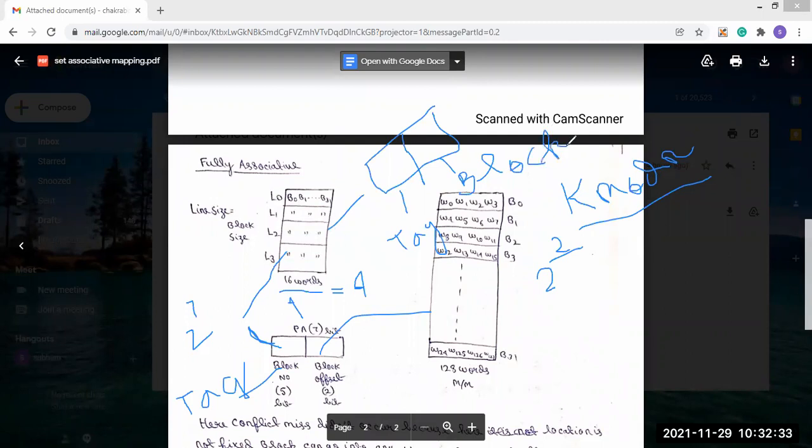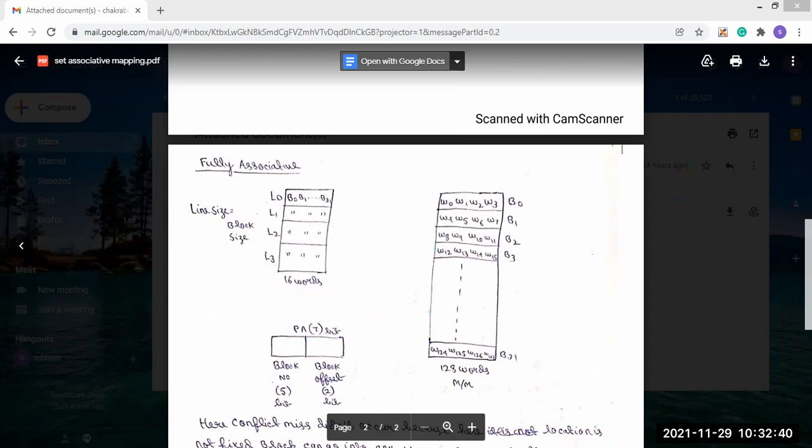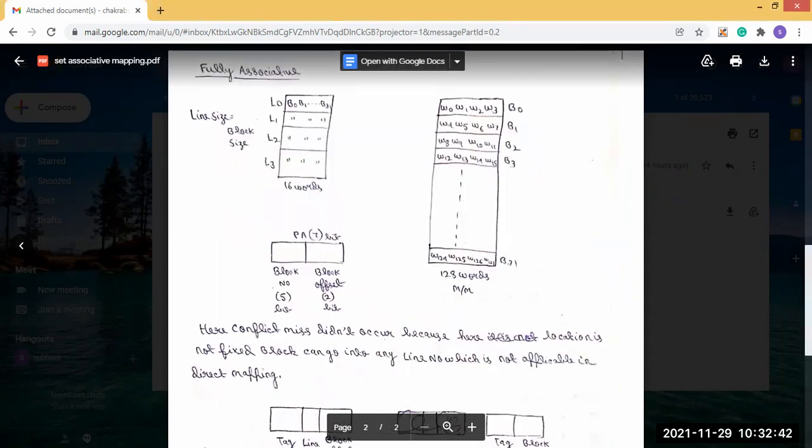Now what is the advantage of this? The disadvantage which occurs for direct mapping is the advantage of fully associative mapping, because in the disadvantage of direct mapping we have seen that conflicts may occur due to fixed position issues, but here there is no fixed position issue, so conflict misses don't occur here.